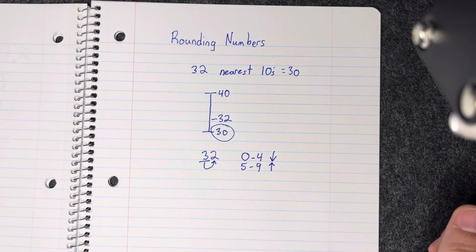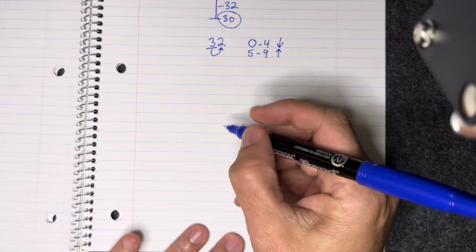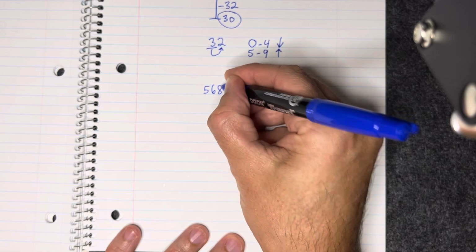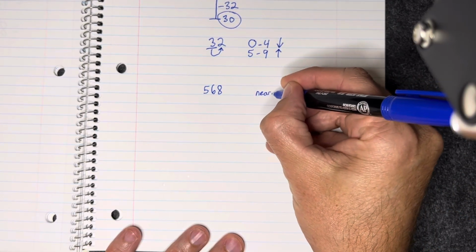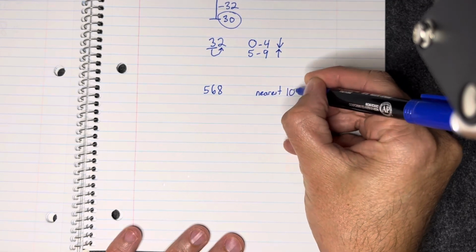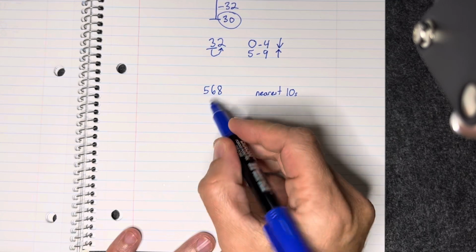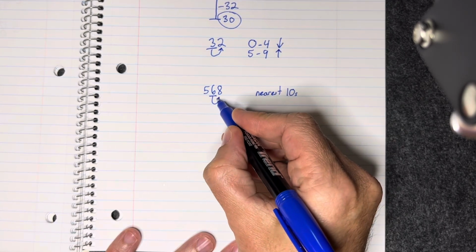Okay, so it's the same concept no matter what you are looking at as far as the size of the number. So let's say we have the number 568. And again, we want to round this to the nearest 10. Okay, so we're looking in the tens column. So 568. The 6 is in the tens column. We look to the next number.